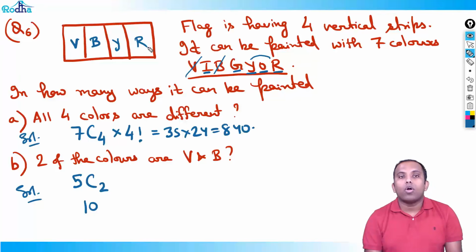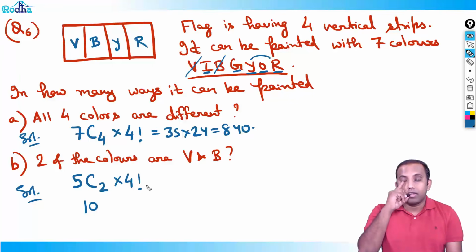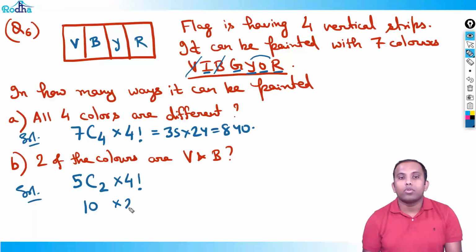So all these 4 colors can be shuffled, or their positions can be changed, in 4 factorial ways. So 5C2 into 4 factorial. What is the answer? 10 into 24, that is 240. So the answer for this question is 240.